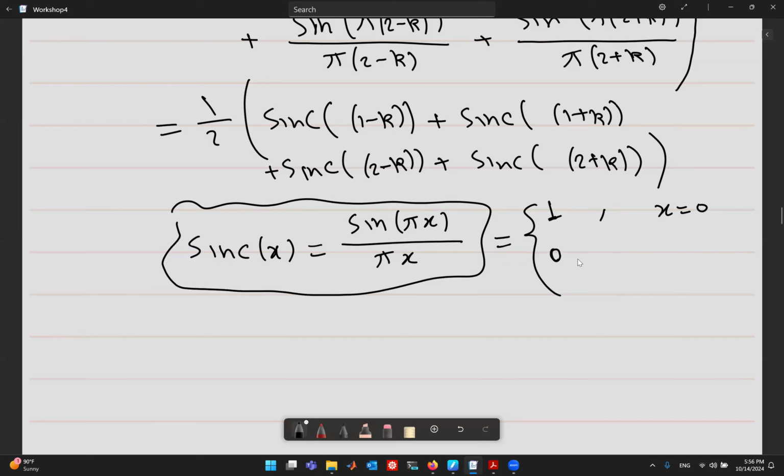And it takes value 0 when x is an integer. So at multiples of pi, it will have nulls, zeros. If you remember, its shape is something like this, and this is its value at 0, which is 1.